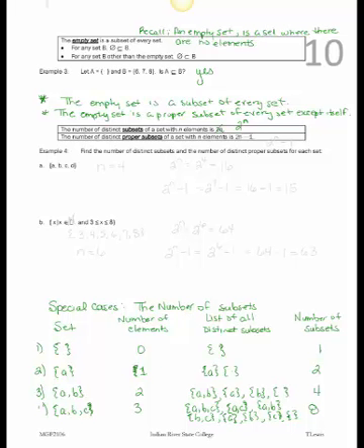Because look at it. If you notice with the number of subsets, how are we getting these? Listing all of the distinct subsets by this table that was just drawn. And then the number of distinct proper subsets of a set with n elements, the formula is, typo again, 2 to the n power minus 1.